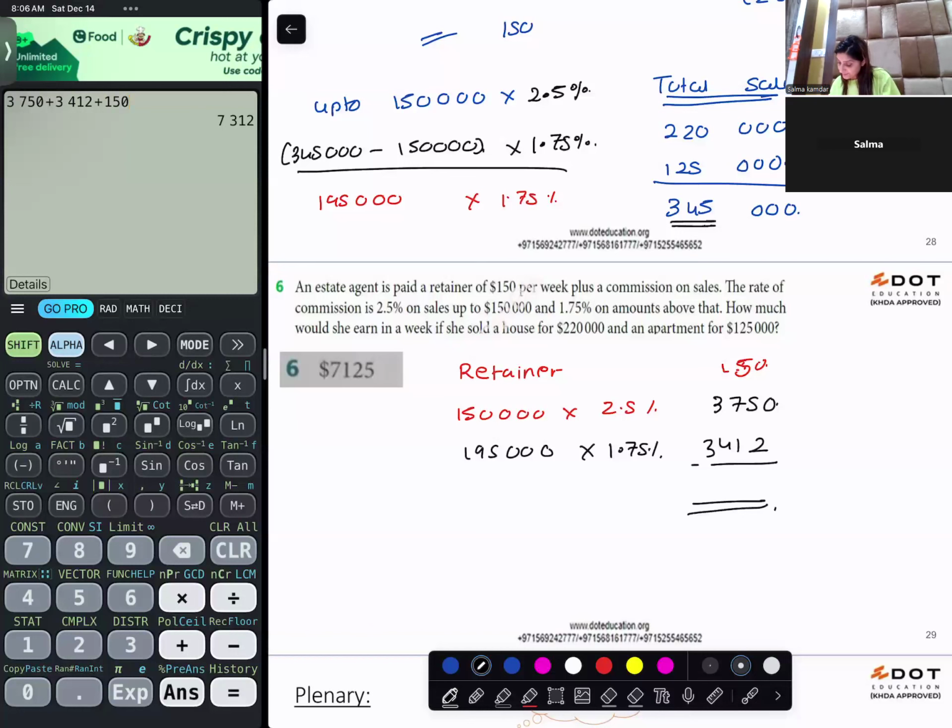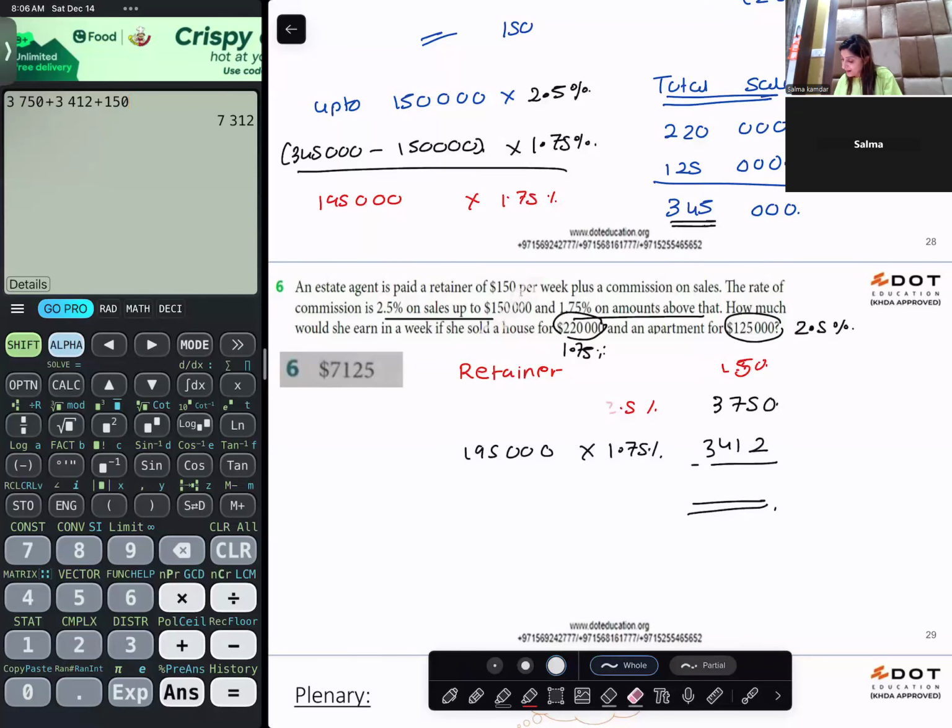There's been an error over here. She's going to get 2.5% on sales up to 150,000 and 1.75% on the amounts above that. So for the 125,000, she's going to get 2.5%, and for 220,000, she's going to get 1.75%. So it is based on the amount of sales.